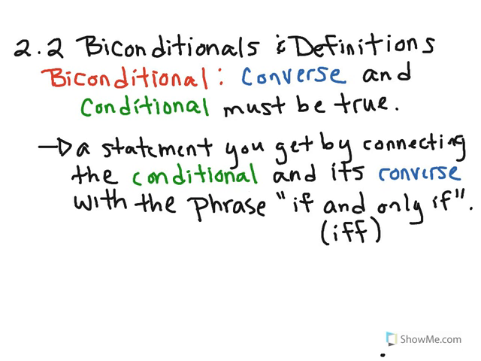A biconditional statement is a statement that you get by connecting the conditional and its converse with the phrase if and only if, which we happen to know a little shorthand for, IFF. So you don't have to write out the entire phrase; you can simply write IFF and I know exactly what you're talking about. Next, we're going to look at an example to see exactly how this biconditional statement is written.